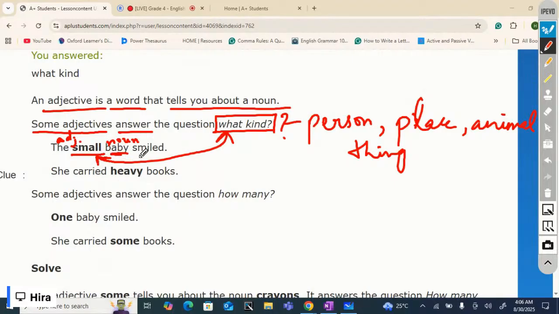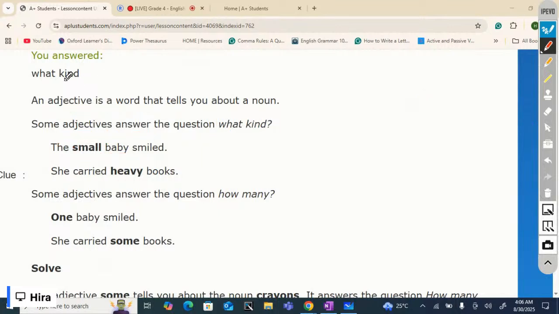It tells you about the noun, it means small is an adjective, and this adjective answers the question, what kind? So, in this sentence, the word small is an adjective.